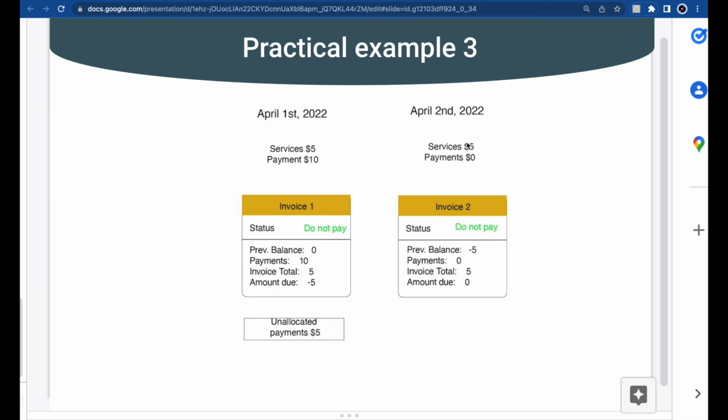The second invoice will also be generated with the do not pay status, and this is how it's going to be calculated. The invoice total will be $5 because the customer used the services for $5. No payments were posted, but previous balance from the previous invoice remains. It's negative $5, and the sum of negative 5 and 5 gives us 0.